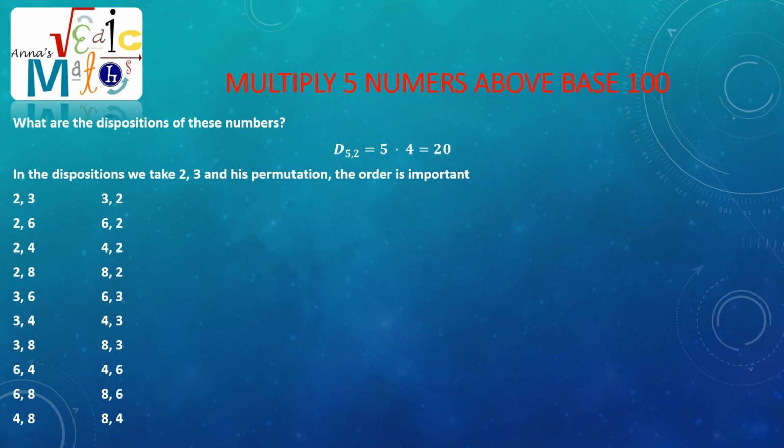Here we have all the possibilities: 2 by 3, 2 by 6, 2 by 4, 2 by 8, and so on. The dispositions are all. For the dispositions it is important to have 2, 3 and 3, 2. In the combination, 2, 3 and 3, 2 are the same thing. So the order is important for the dispositions.